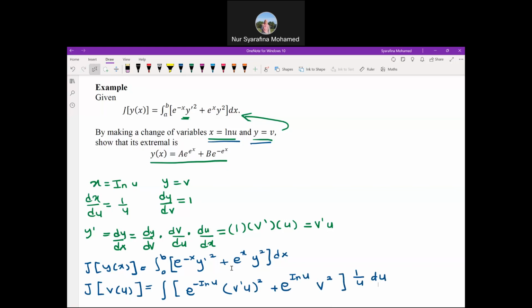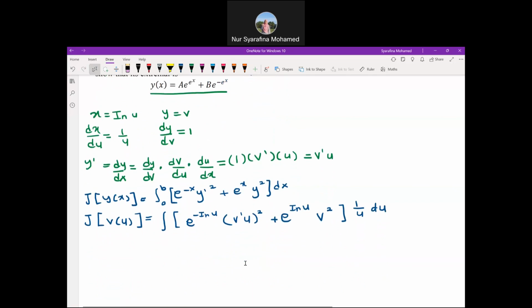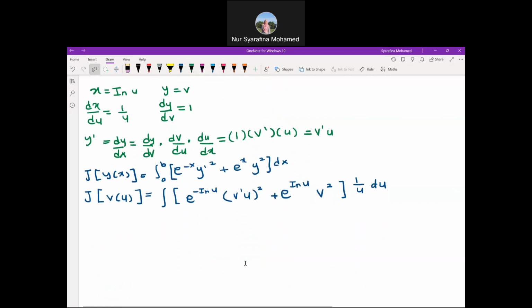So now from here, we can simplify the function.